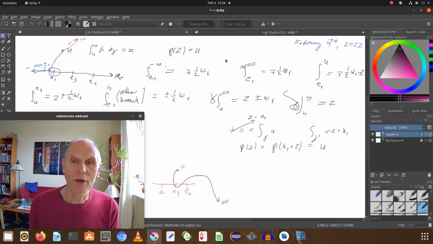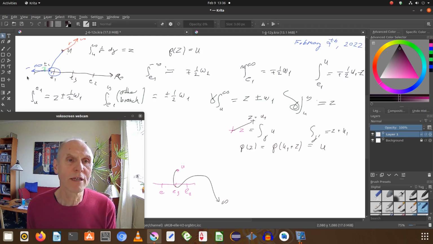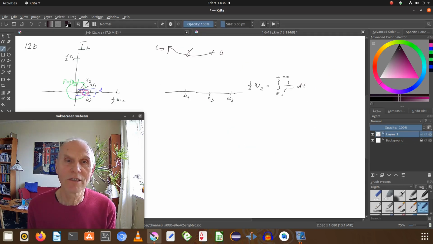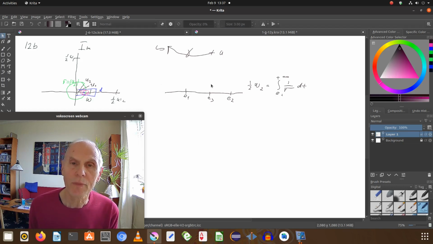Now let's apply this. So the idea is we need to know when we go towards infinity from E1, what can the result be when we integrate towards infinity, any region, any path here.